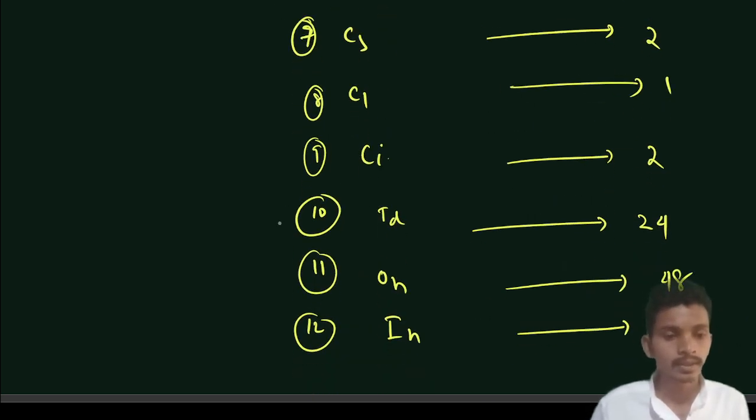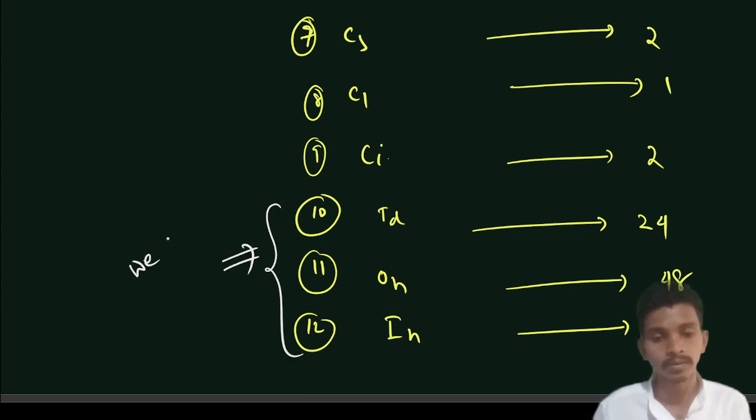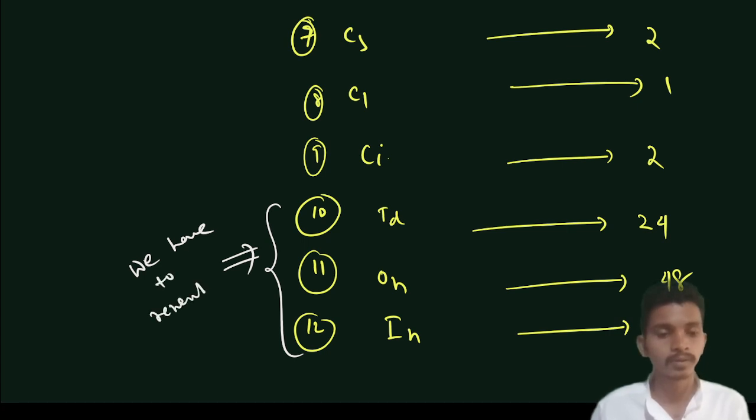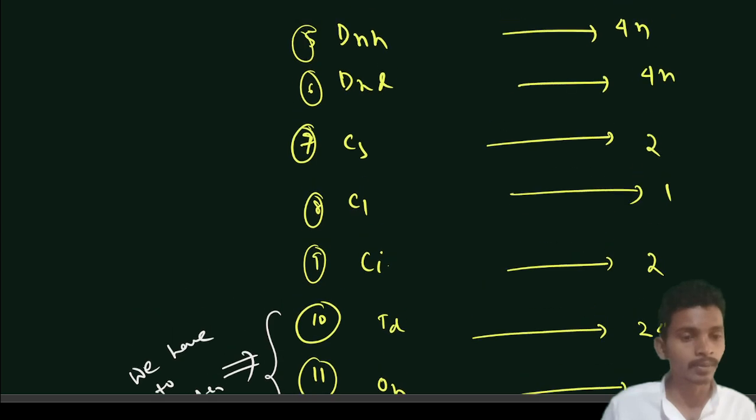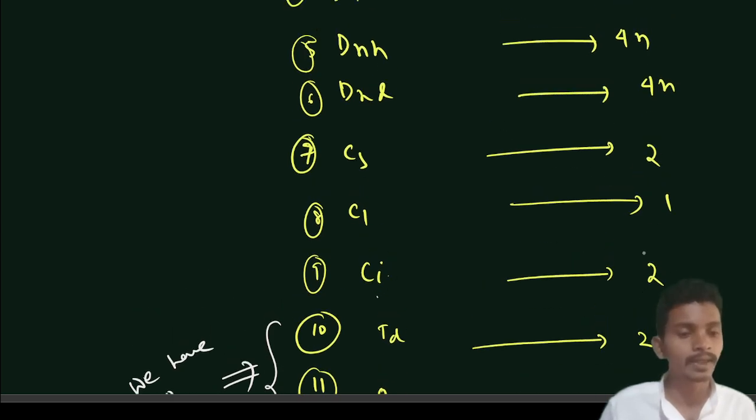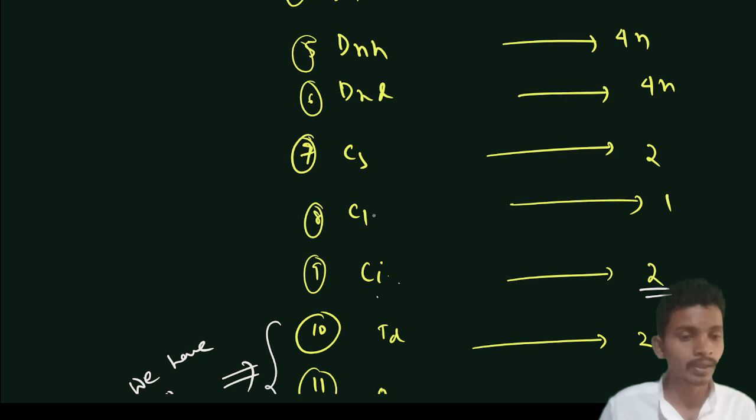So these 3 things we have to remember. But for Ci, because only one is from I and one from E, that's why 2, and for C1 only one symmetry element is there, E, that's why 1. For Cs, sigma and E are there, so that is 2.